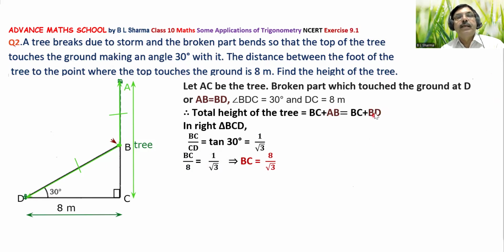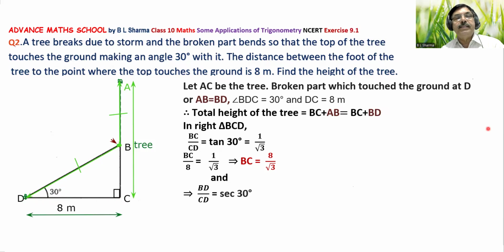Now we have to find out BD. Again, BD upon CD. For this acute angle 30 degrees, BD is hypotenuse and CD is base.